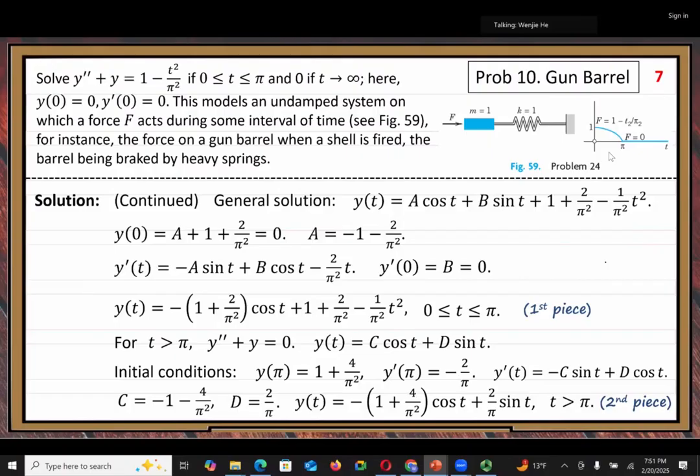So here you can think about, if we use Laplace transform, how do you do it? Because this time you have a piecewise function. To use Laplace transform to solve this question, we need to use a new tool, because our current method cannot handle the piecewise function.